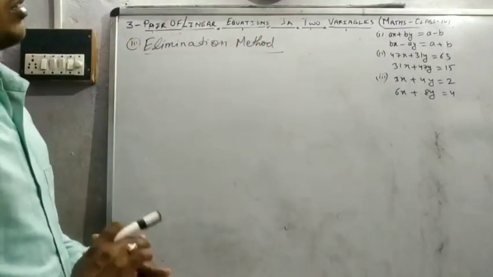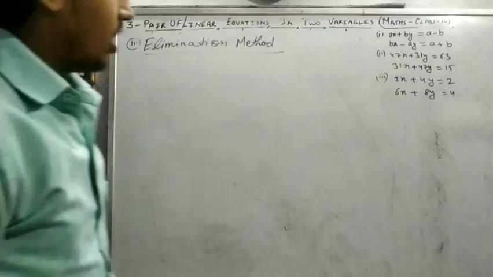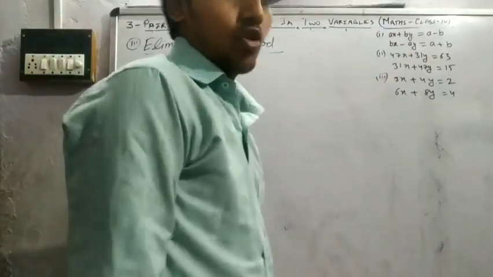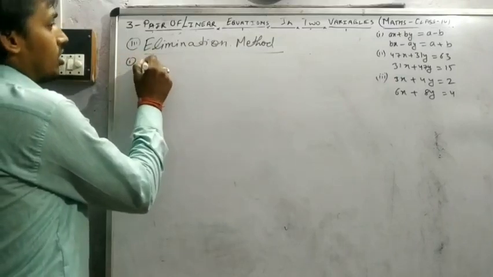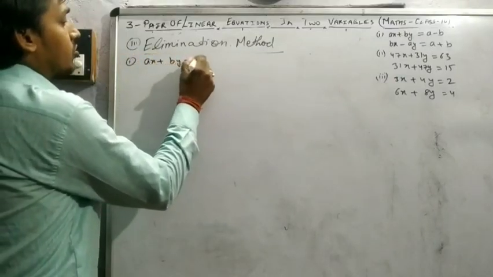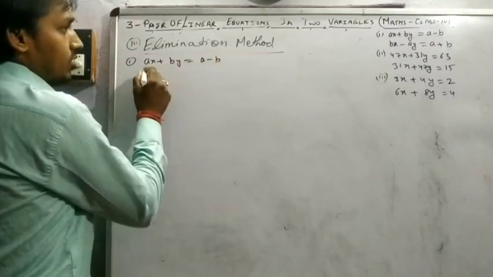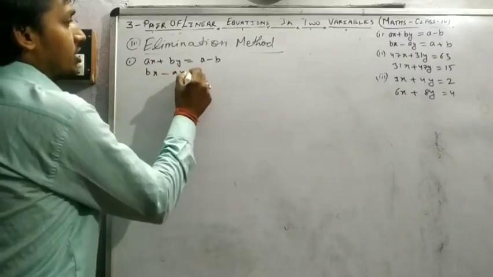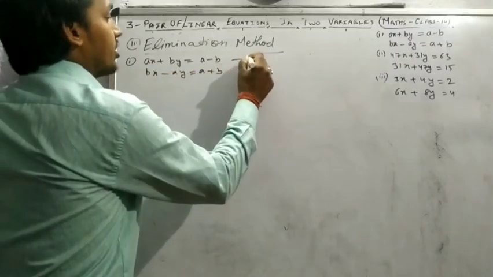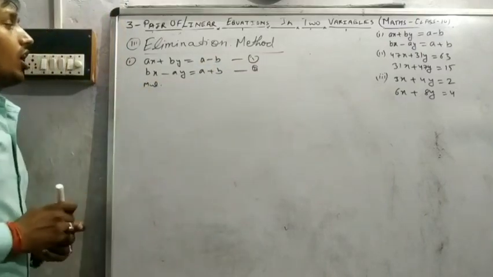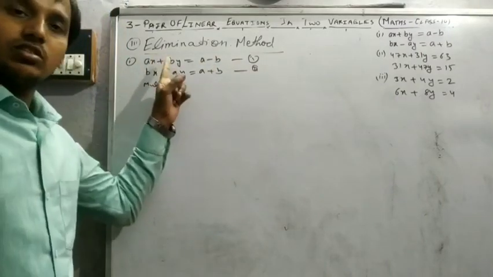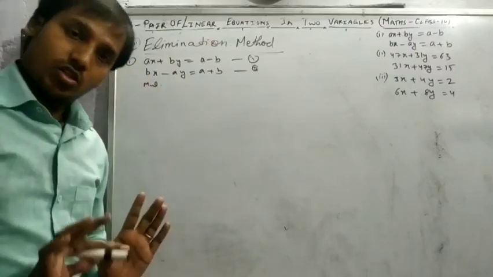In the first example, the variables are x, y and the constants are also in terms of a, b. So take the first example: ax plus by is equal to a minus b, bx minus ay is equal to a plus b. First equation, second equation. The x coefficient is not equal, the y coefficient is not equal.